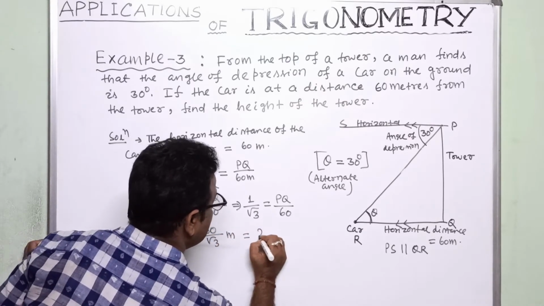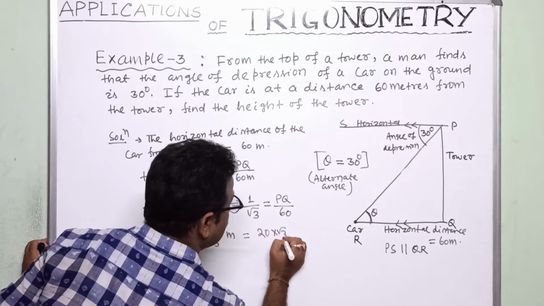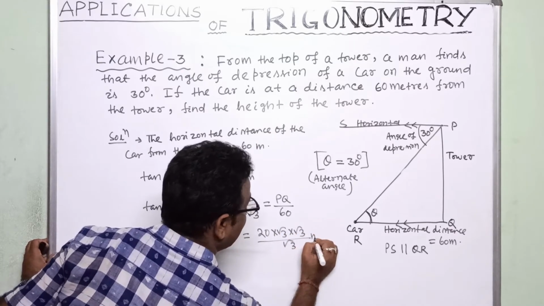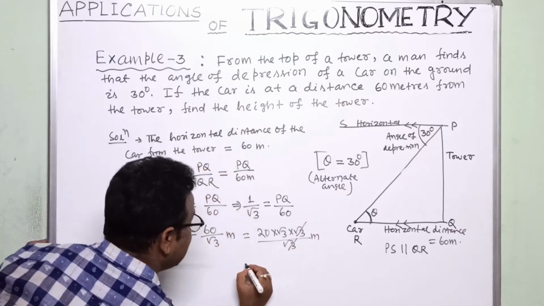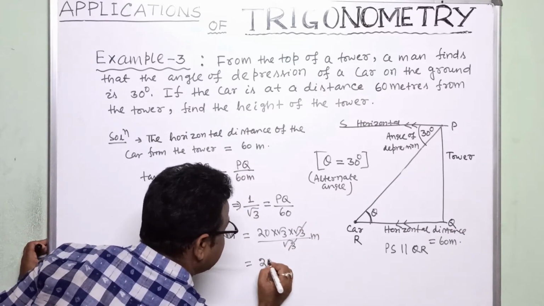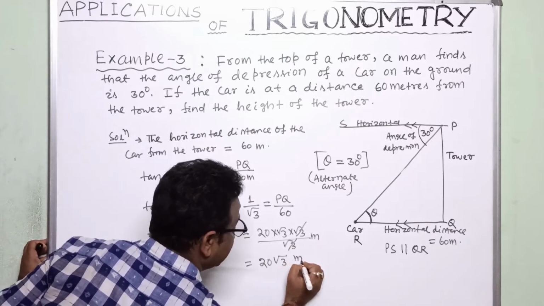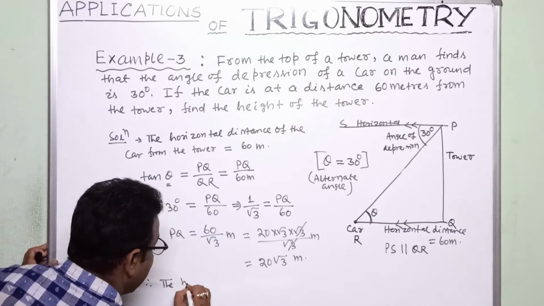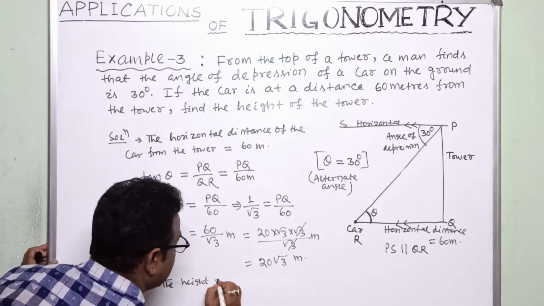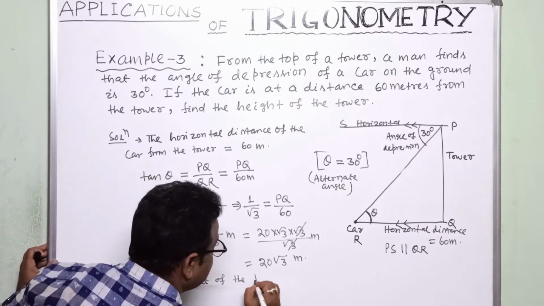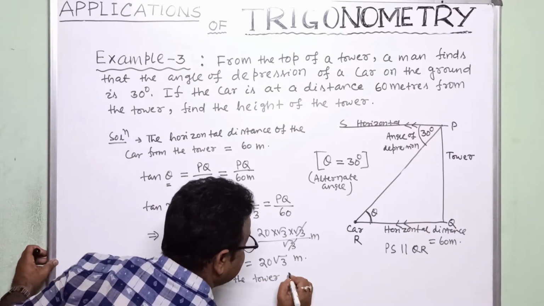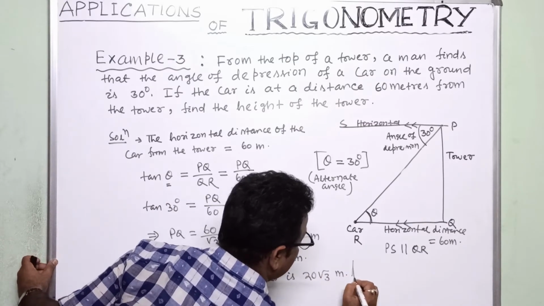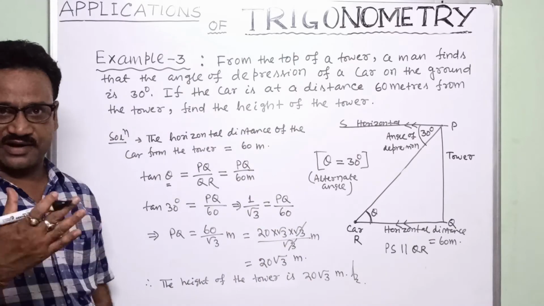That is equal to 20 into root 3 into root 3 by root 3 meter. So root 3 cancelled. That is equal to 20 root 3 meter. Therefore, the height of the tower is 20 root 3 meter. So this is the result.